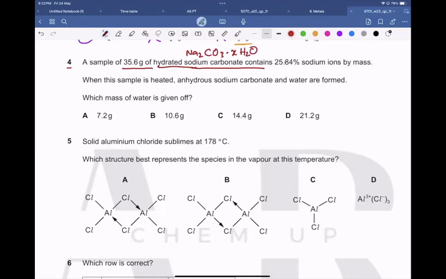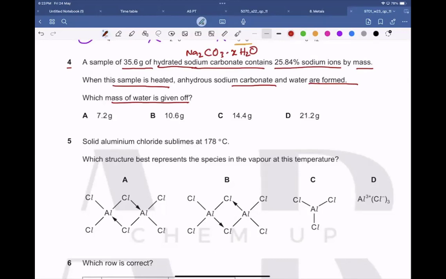We don't know the number of moles of water. It has 25.84% sodium ions by mass. When this sample is heated, anhydrous sodium carbonate and water are formed. Which mass of water is given off?